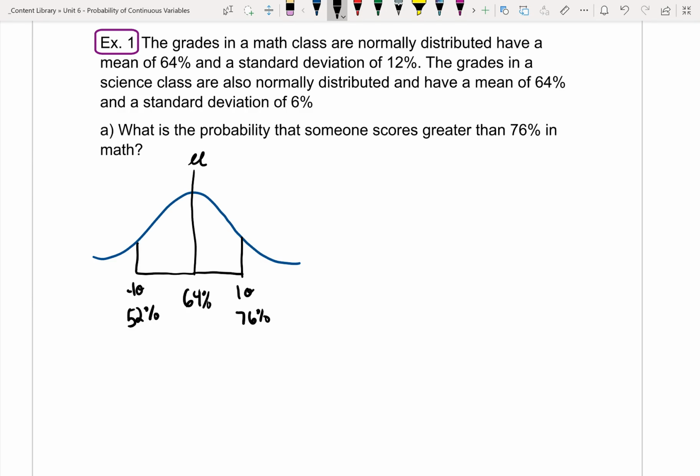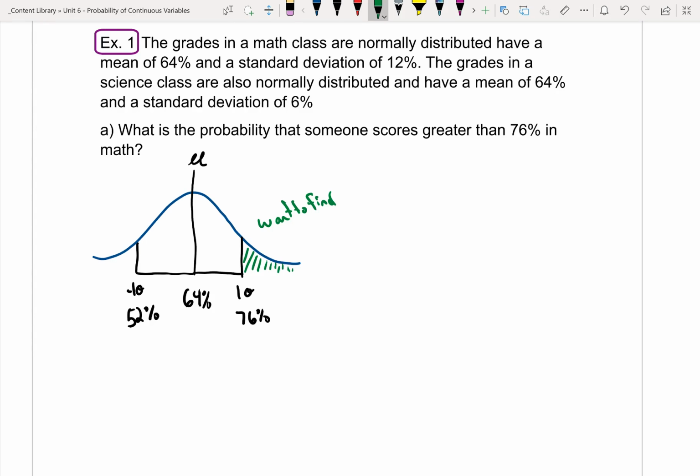So what I want to find is the probability that someone scores greater than 76%. So I see that 76% is exactly one standard deviation. So what I want to find is the area underneath the curve in this section. So I need to figure out what percentage that is, or what that area underneath the curve is.